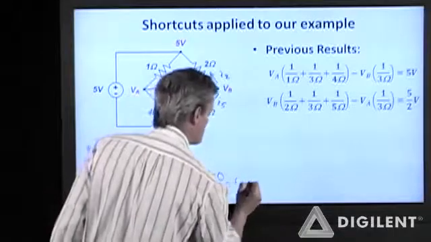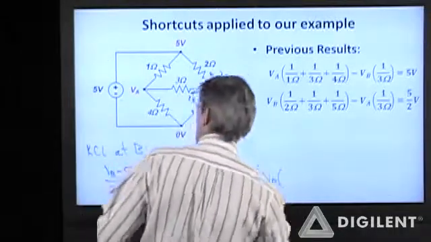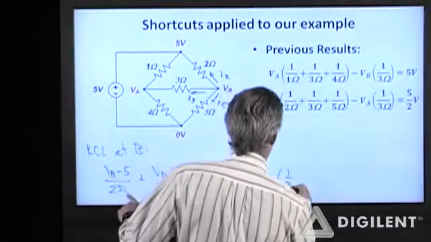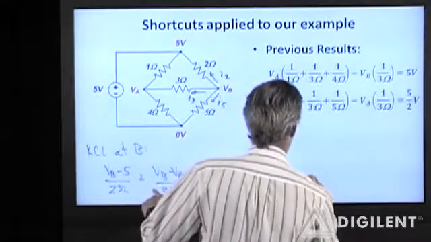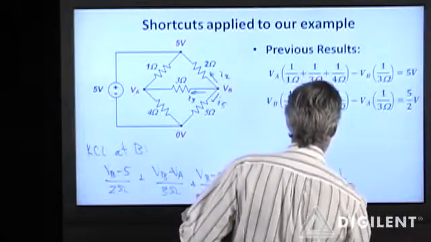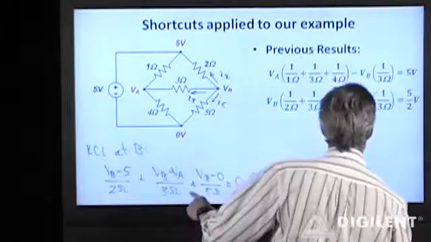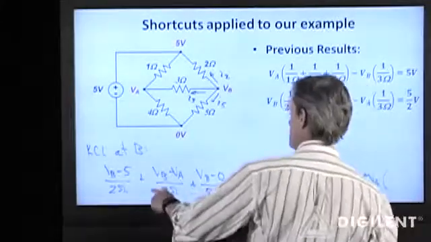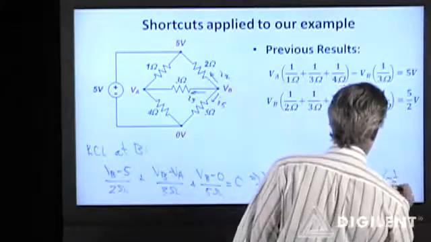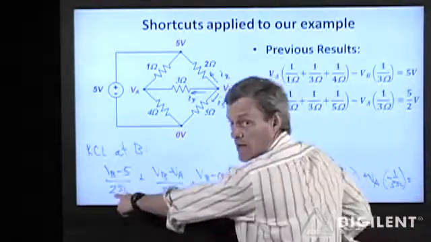That all sums to 0, so my multiplicative factors on VB are 1 over 2 ohms plus 1 over 3 ohms plus 1 over 5 ohms, plus VA times my minus 1 over 3 ohm resistance is equal to minus 5 over 2.